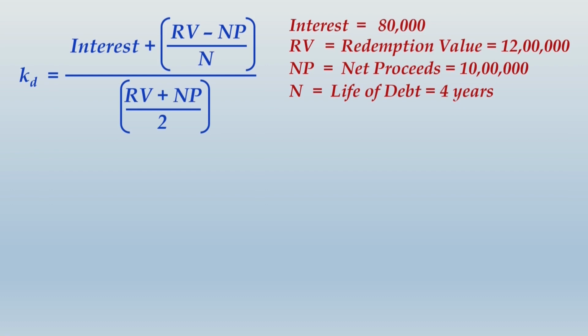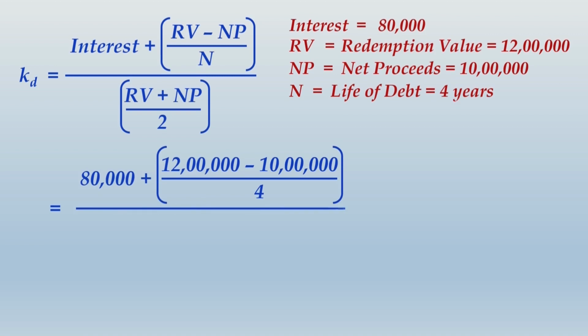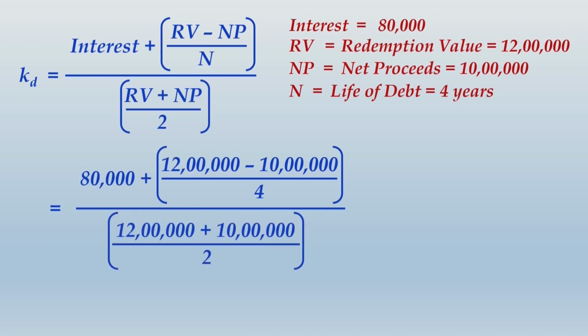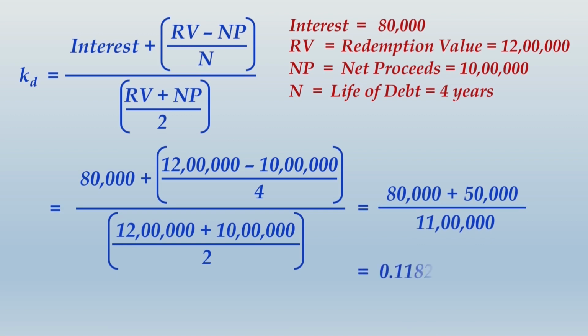And what happens now is the interest factor remains pre-tax, so that will be 80,000 as it is. It will have no change at all. As a result, all other values remain same, only the interest factor remains pre-tax. So here it will be 80,000 plus 50,000 divided by 11 lakhs, and that will be 0.1182 or 11.82%.